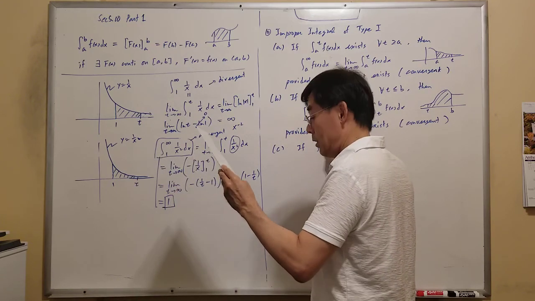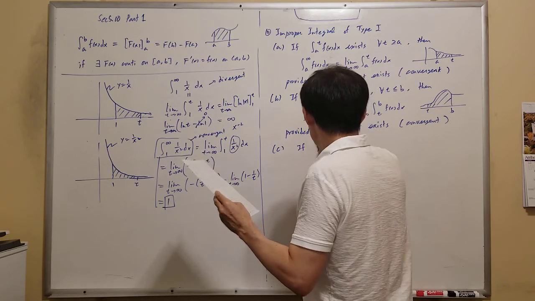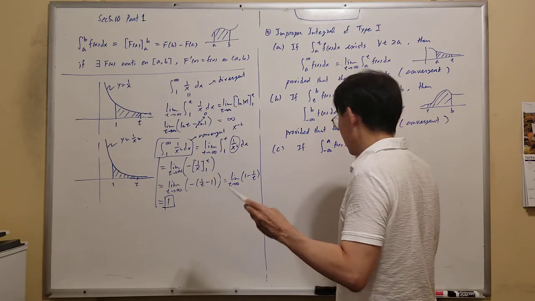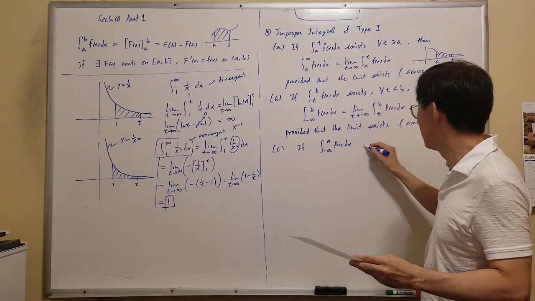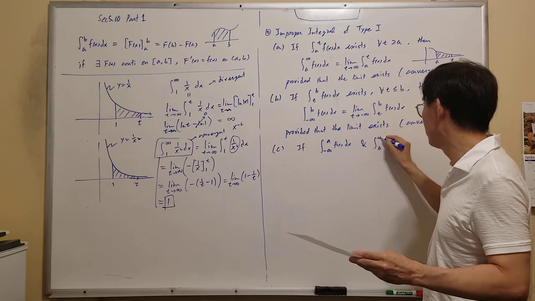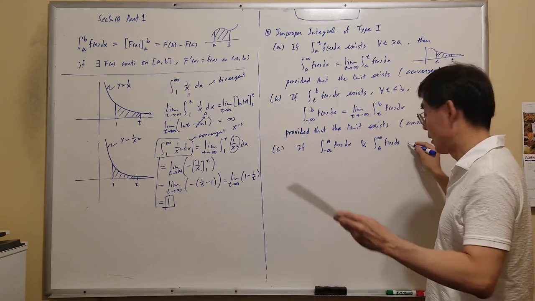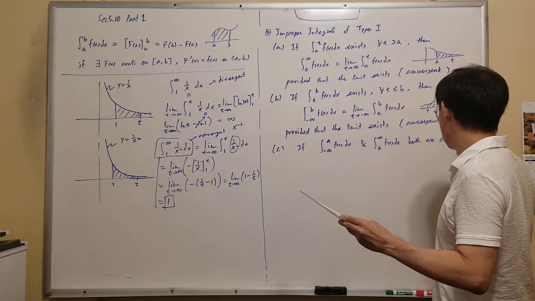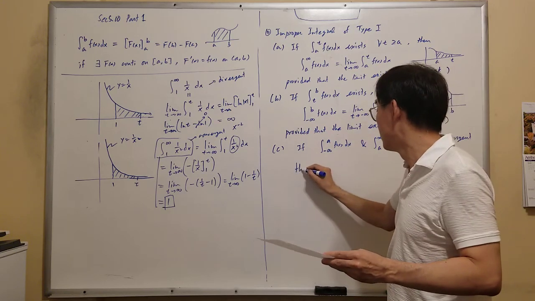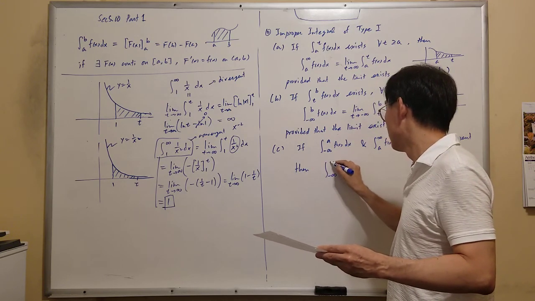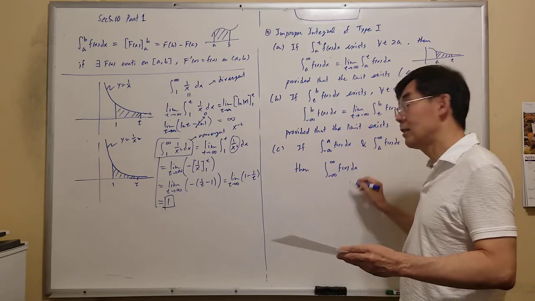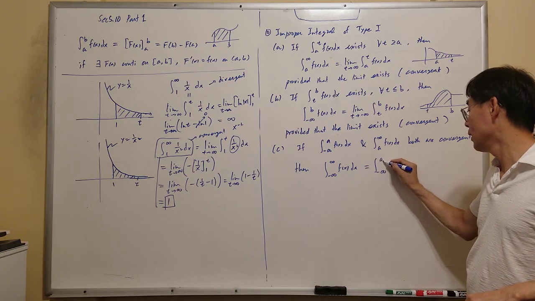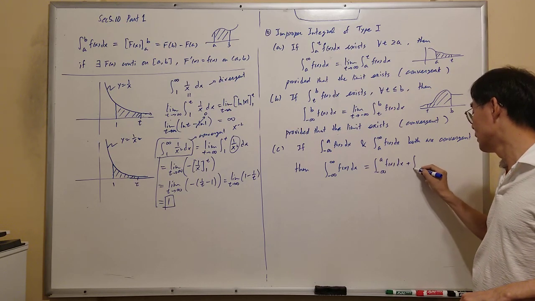C, if the integral from minus infinity to a of f of x dx and the integral from a to infinity of f of x dx are both convergent, then the integral from minus infinity to infinity of f of x dx is defined to be the integral from minus infinity to a of f of x dx plus the integral from a to infinity of f of x dx.